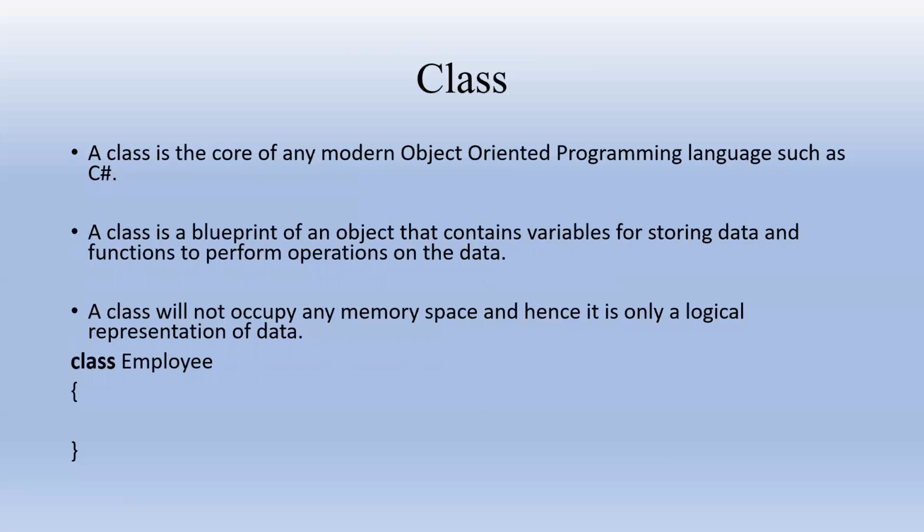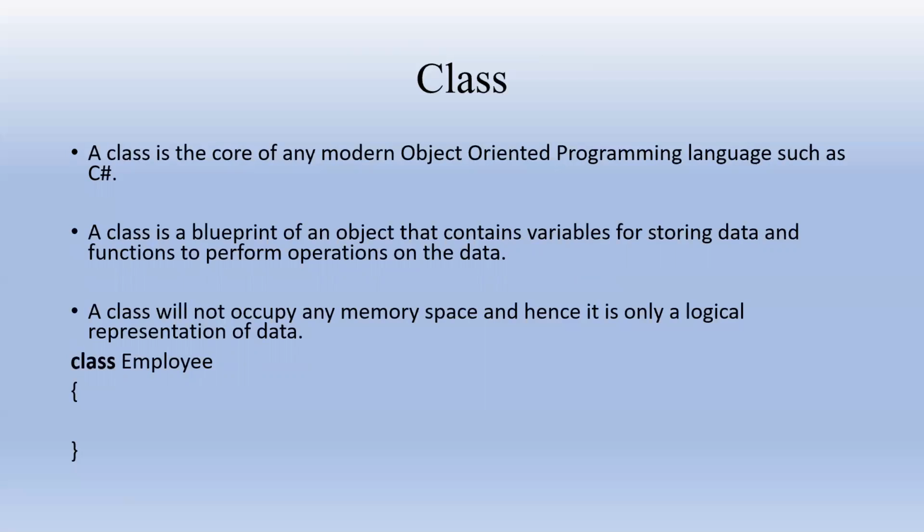Basically, a class is nothing but a blueprint of an object that contains variables for storing data and functions to perform operations on the data. A class contains fields, properties, methods, events, indexes, etc. The variables or properties we declare are used for storing the data, and the methods we write inside the class are used to perform some operations or logic on that data.